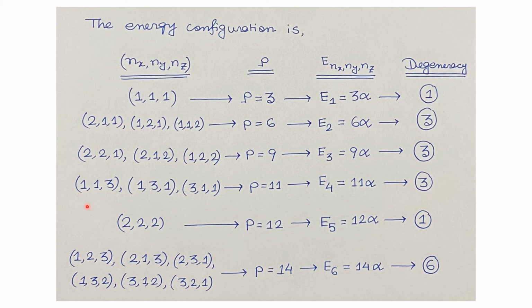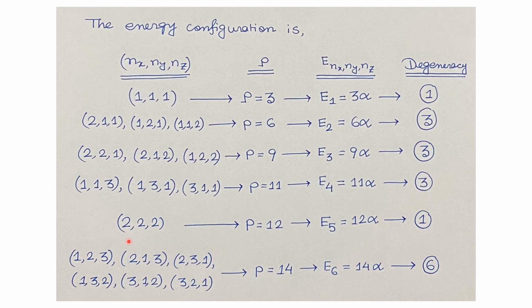For the third excited state, the possible sets are 1, 1, 3; 1, 3, 1; and 3, 1, 1. So 3 possible sets are there. The P value is 11 and the energy E4 equals 11 alpha, and clearly the degeneracy is 3 in this third excited state.